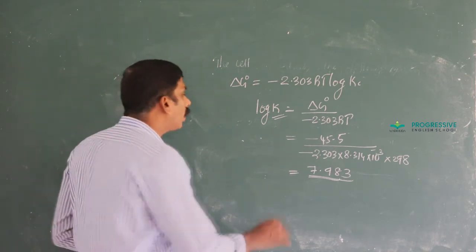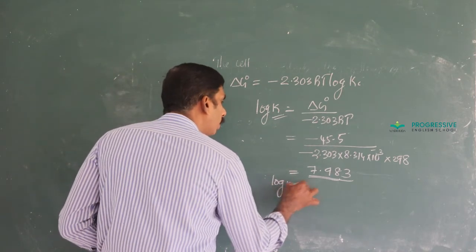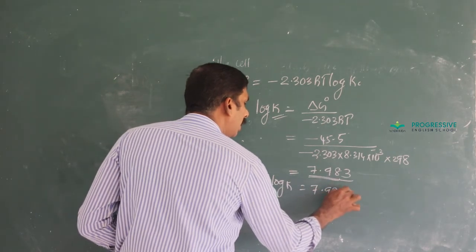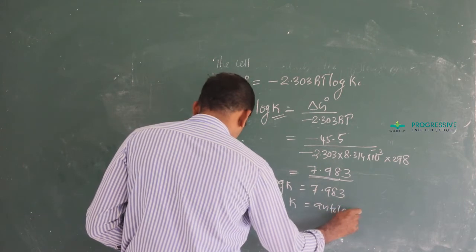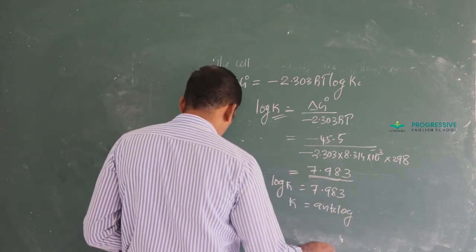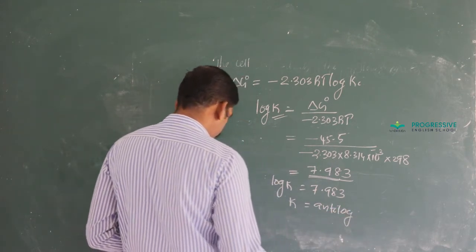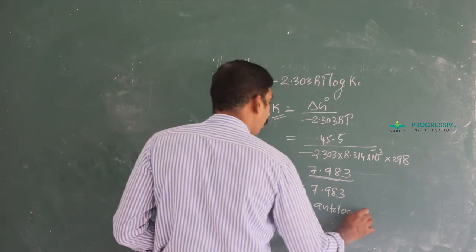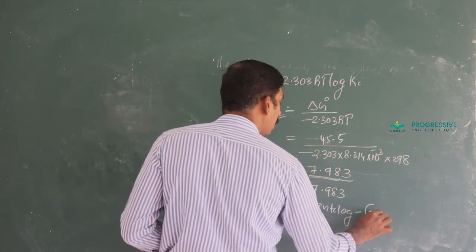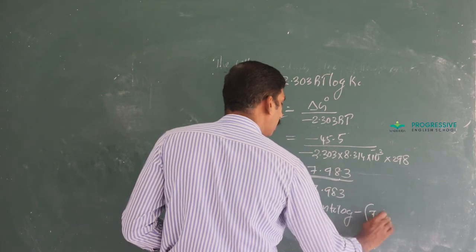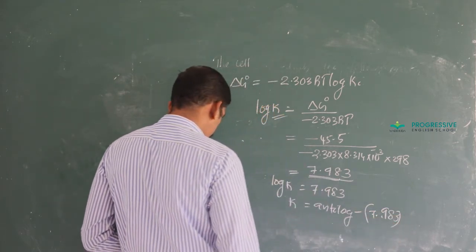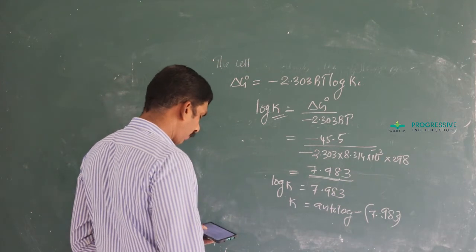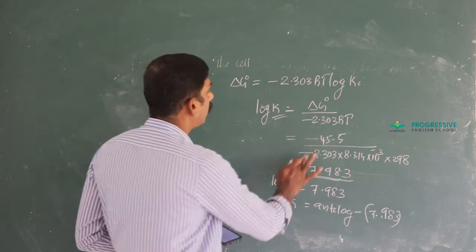And log K equal to 7.983, K equal to antilog of 7.983. Okay.